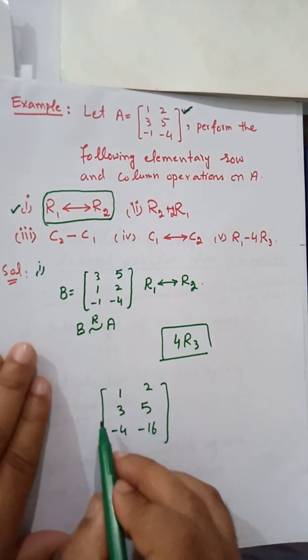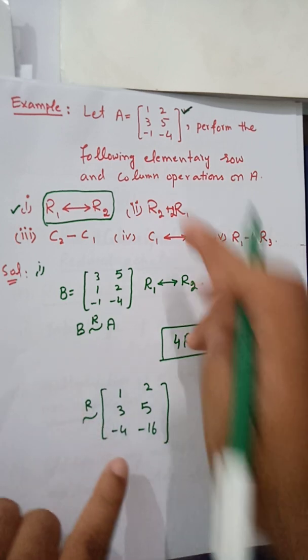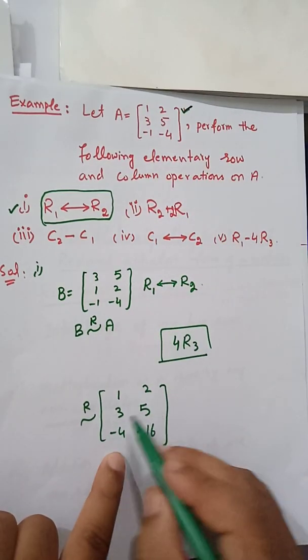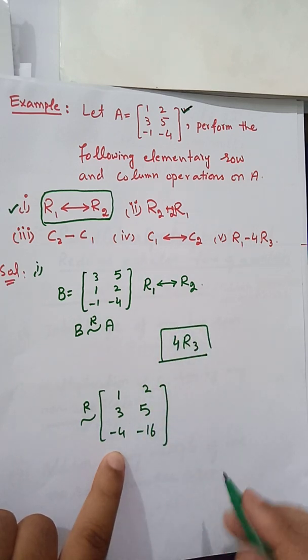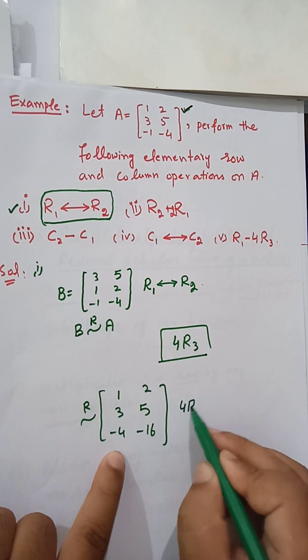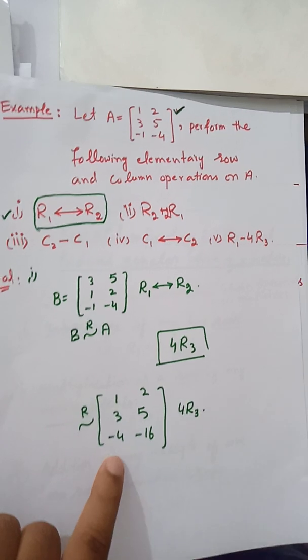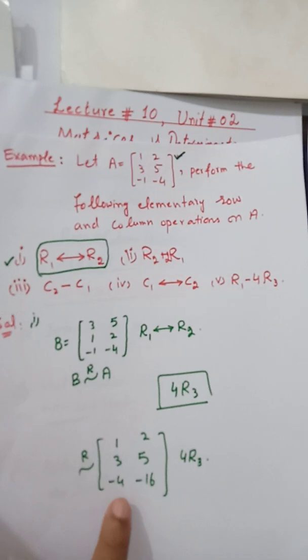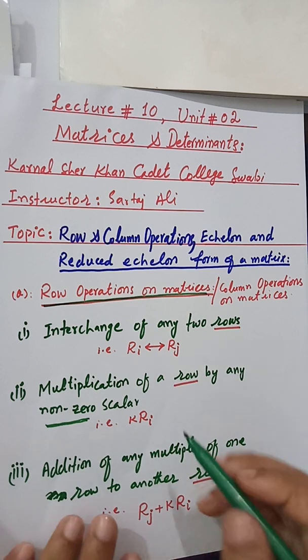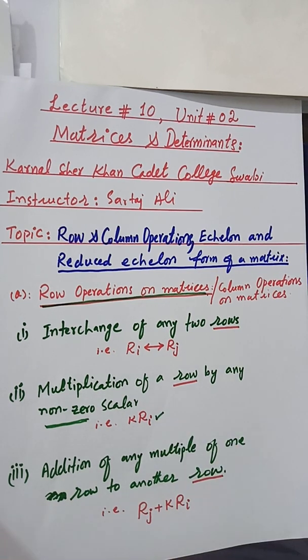So this matrix is row equivalent to the previous matrix, obtained by the row operation in which we multiply 4 with the third row. This is the second row operation. You can multiply any row by any non-zero scalar, and this is the symbolic representation of that.